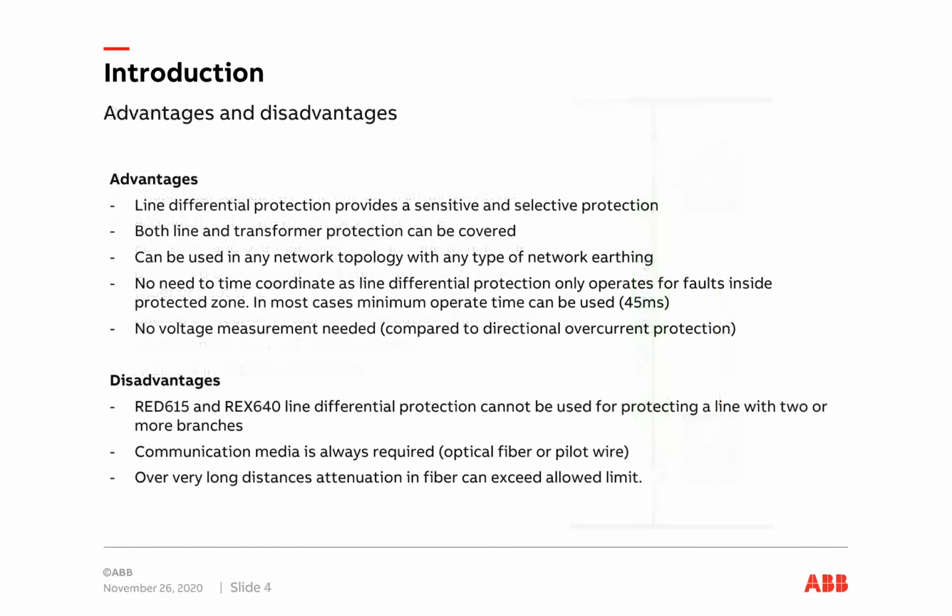So what are the advantages with line differential protection? As already mentioned, it's a very selective protection, and it also provides a very sensitive protection because we are not dependent on the load current, since we are looking at the differential current between the two relays.